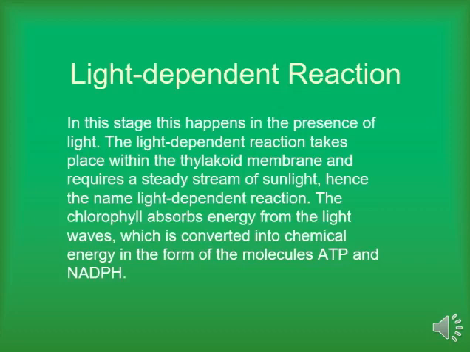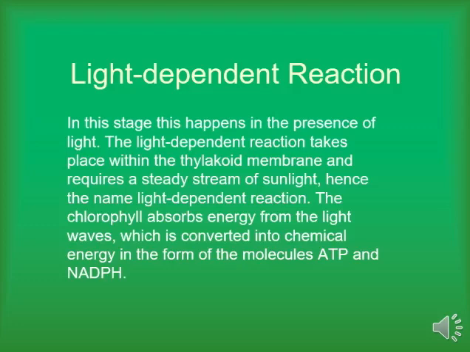Light-dependent reaction. This stage happens in the presence of light. The light-dependent reaction takes place within the thylakoid membrane and requires a steady stream of sunlight, hence the name light-dependent reaction.